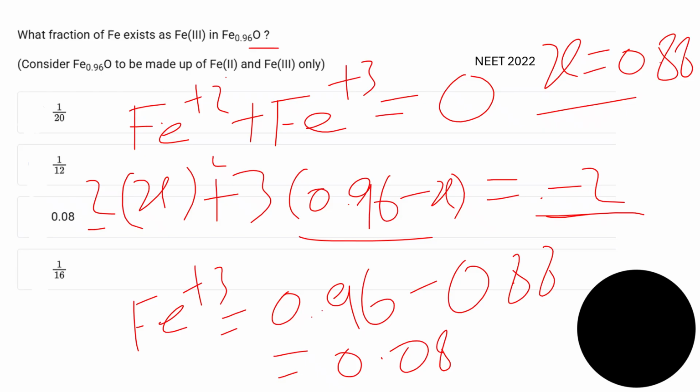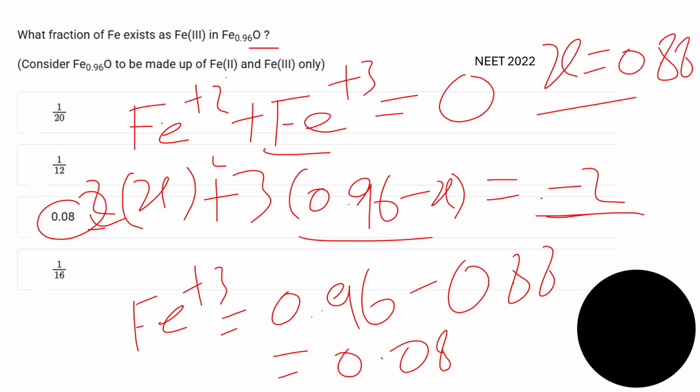Then how many charges are contributed by Fe3+? That's it. Okay, right. So we finally found the fraction of Fe3+ ion, 0.08. So this is the answer. That's it.